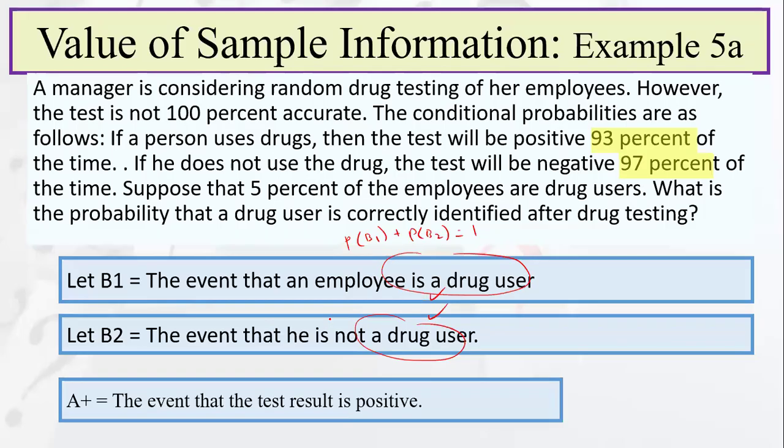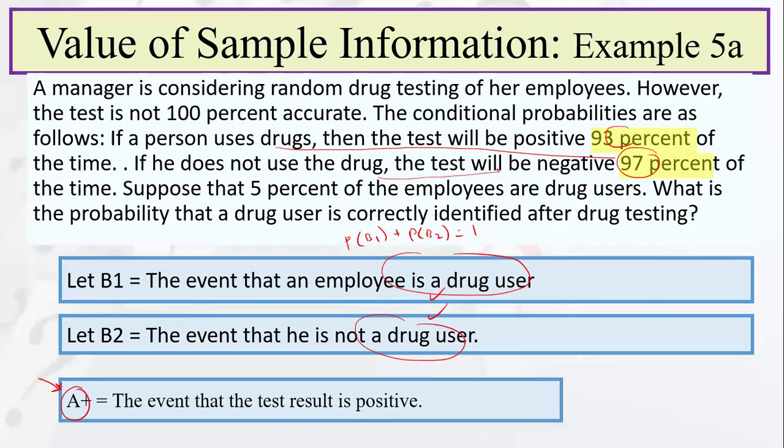You randomly take a person and test him for the probability of getting a positive result for drug usage. Maybe he is not really taking the drug, but we can still get a positive result, though less likely. So like a person that uses a drug tests positive 93% of the time, and a person who doesn't use a drug.